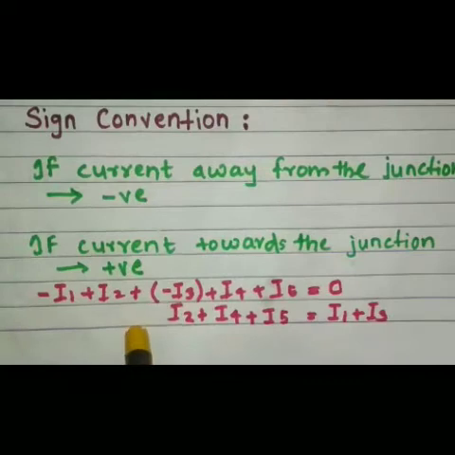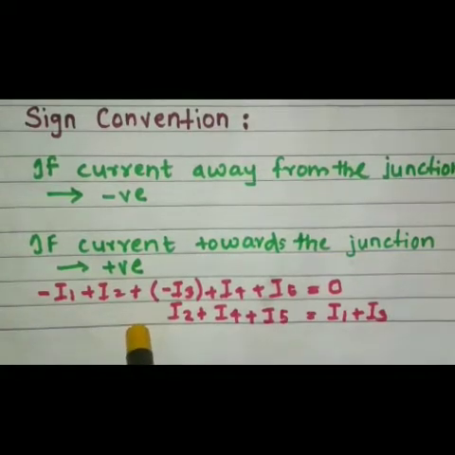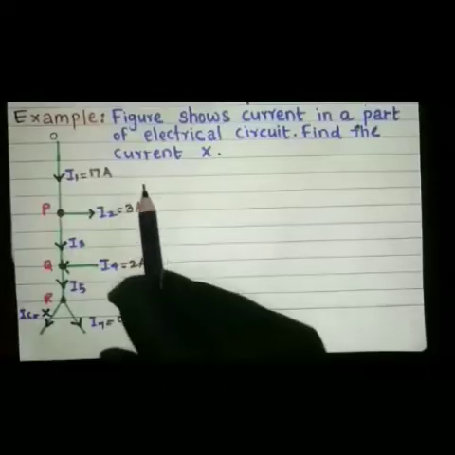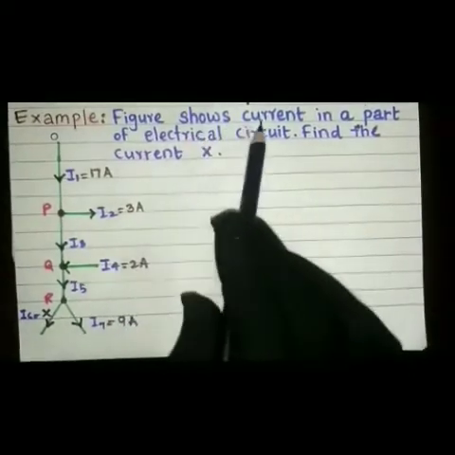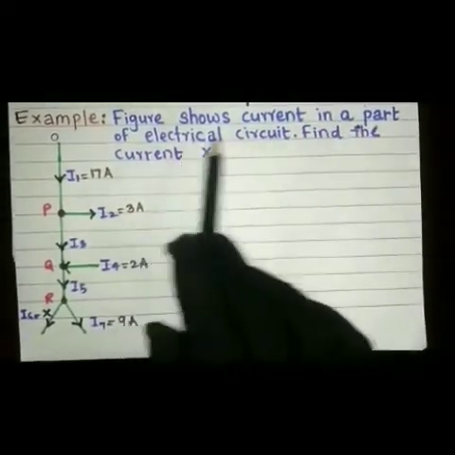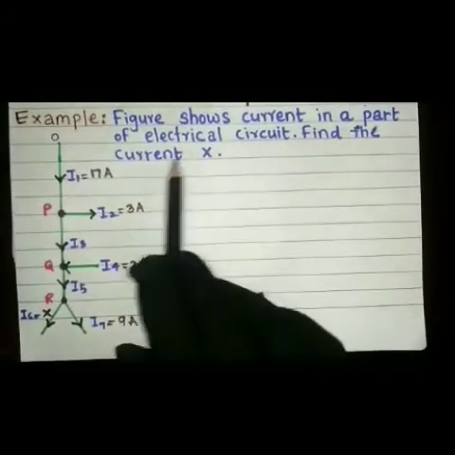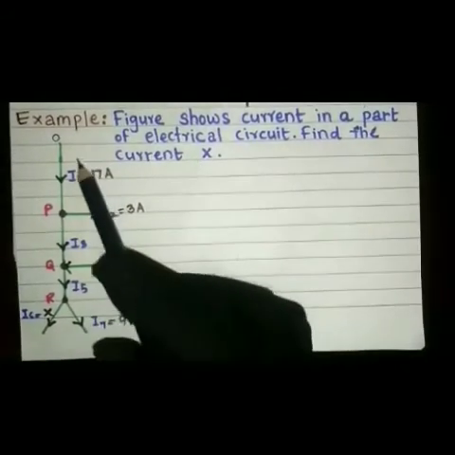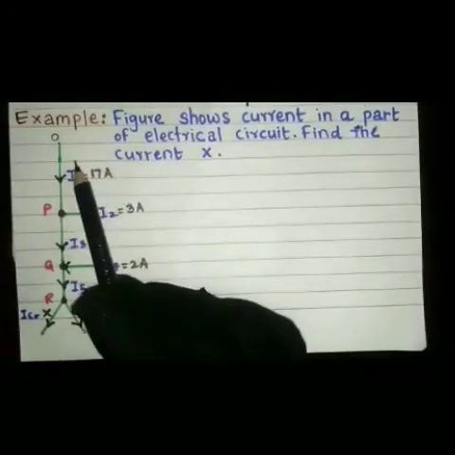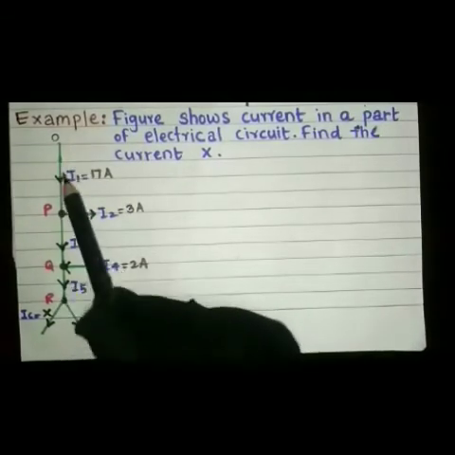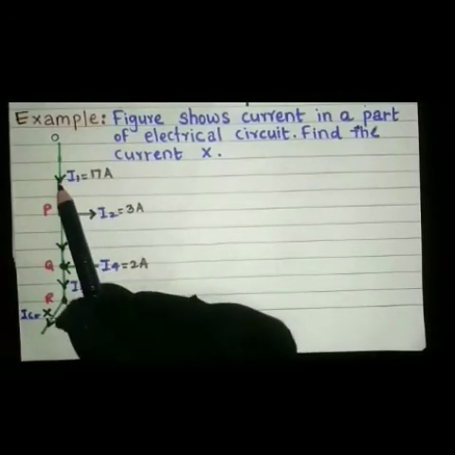I am taking one more example where we can apply Kirchhoff's first law. The figure shows current in a part of an electrical circuit. Find the current X. So here I have a diagram. You can see here O is the origin point of the circuit.